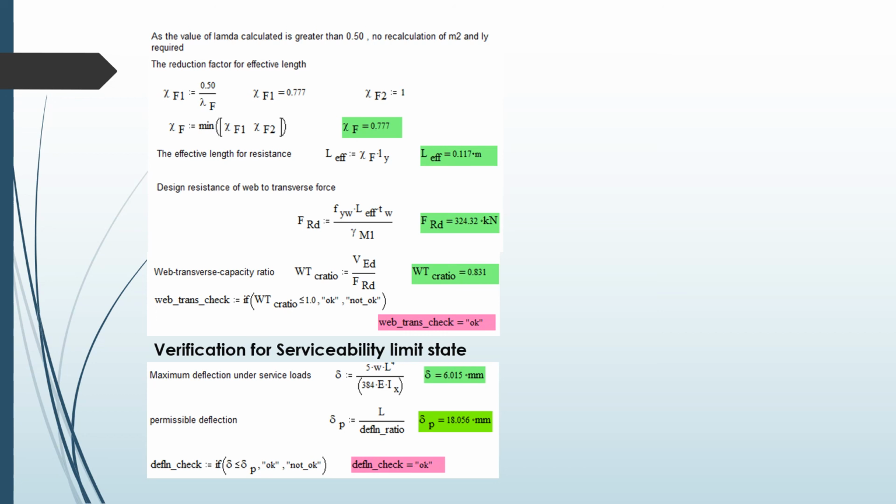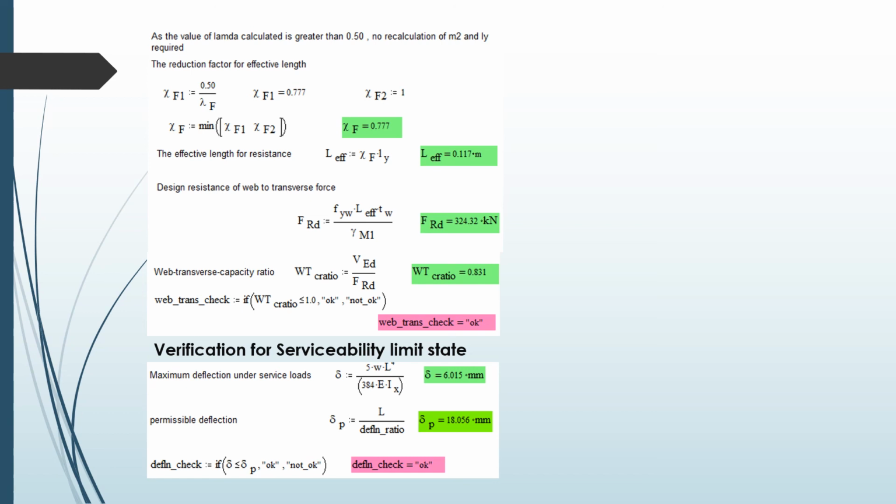From Leff, we now go for the calculation of design resistance of the web to transverse force using FRd equal to fyw into Leff into tw by gamma M1, that is FRd is equal to 324.32 kN. So the web capacity ratio in our case works out to be 0.831. Therefore, we conclude that the web has sufficient capacity to resist the transverse forces.